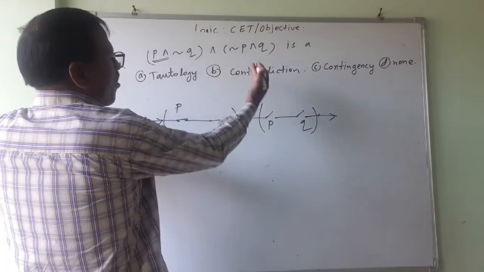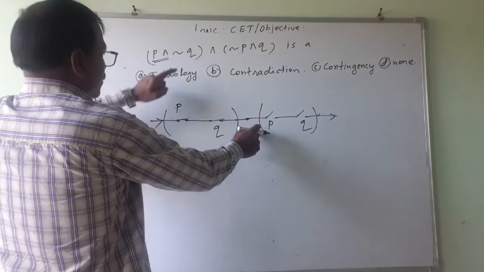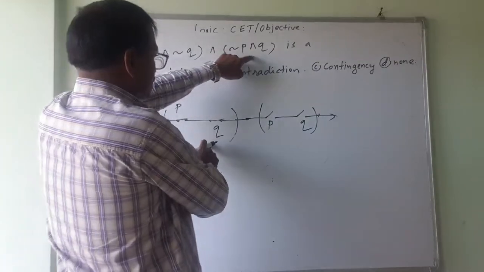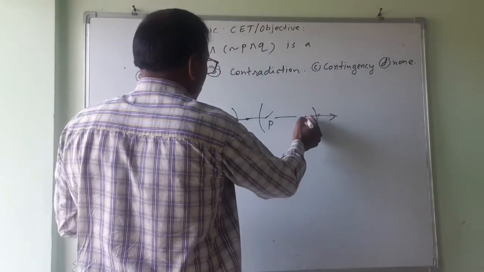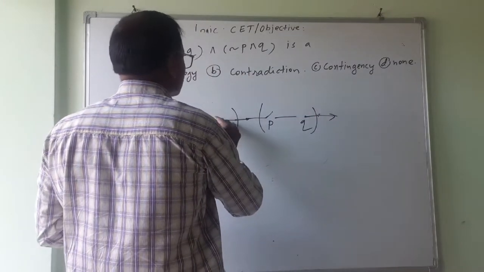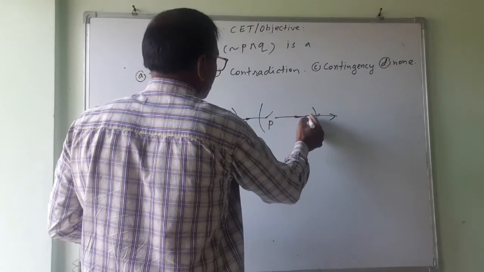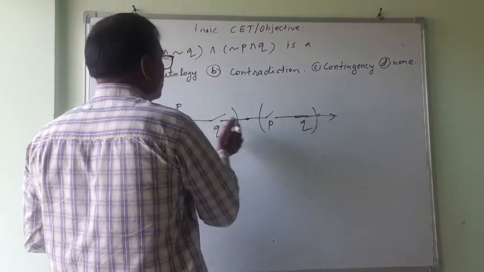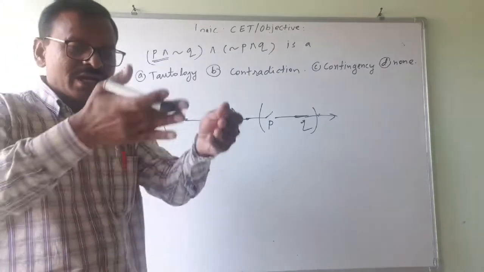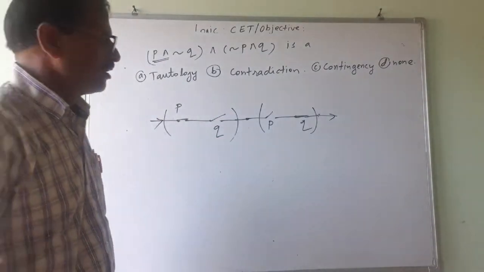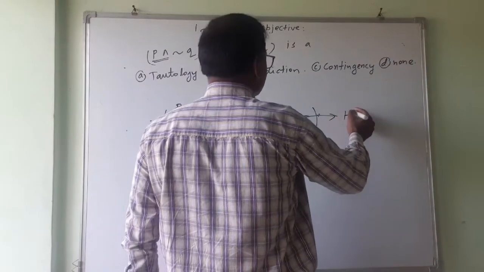On, this will be off. Q, here it is Q. This Q is on. If this is on, this will be off. There is no case when the current will come. Nowhere. So this will be always false.